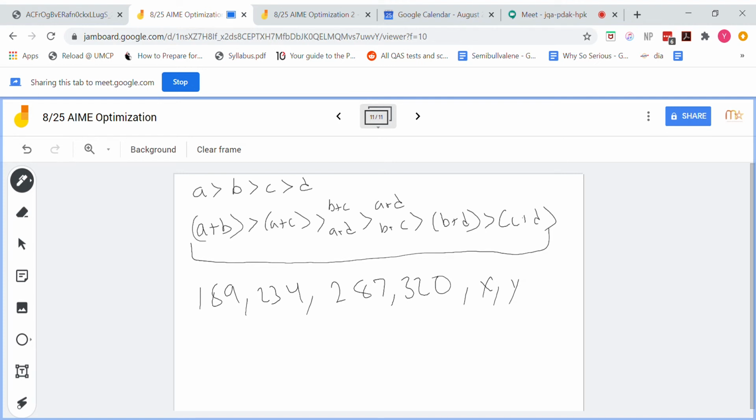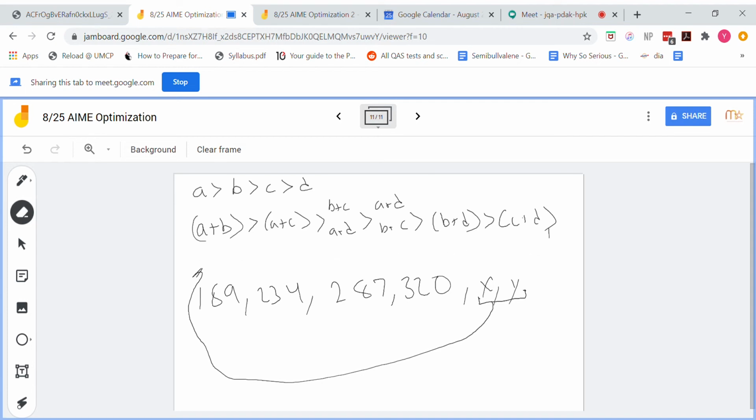So if we want to maximize x plus y, we should make these the largest. So x plus y should be the first two, right? x and y. And then these other smaller ones should be the other 4. So this is 189. This is 234. And then this should be 287. And this should be 320.